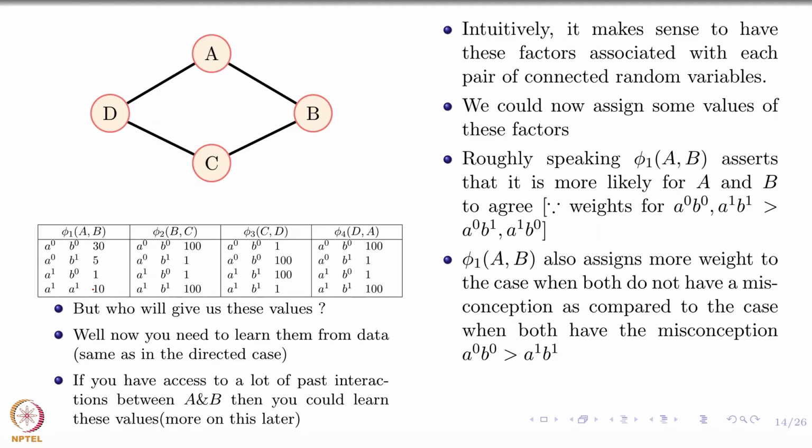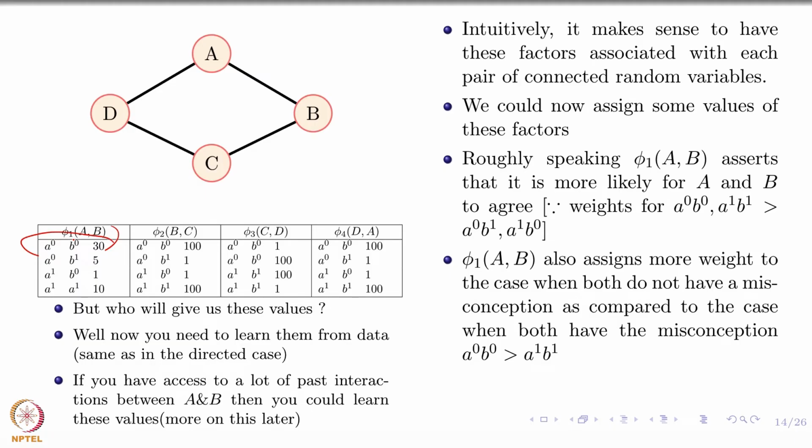So what that means is that probably A and B are independently capable of resolving their misconception, and given the fact that they often tend to agree, once they have cleared the misconception, they'll pass it on to the other guy, right? So that's why in the end, both of them will not have a misconception. That's what this is saying. A0, B0 is more likely than A1, B1, the case where both of them have a misconception, right? So these are again things which I have just written these numbers, but you have to learn these from the data, right? At least can you imagine that you will be able to learn this from the data?